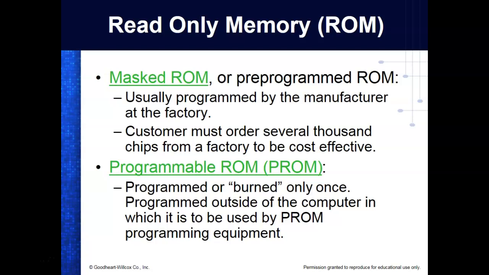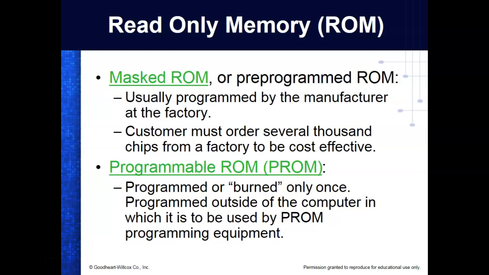With mask ROMs, if you changed the firmware, you had to actually change the integrated circuit. That's the way we would do it. So if they needed to update the BIOS, you just had to go out and buy a new computer. Then they came out with what they call programmable read-only memory, which stands for PROMs.